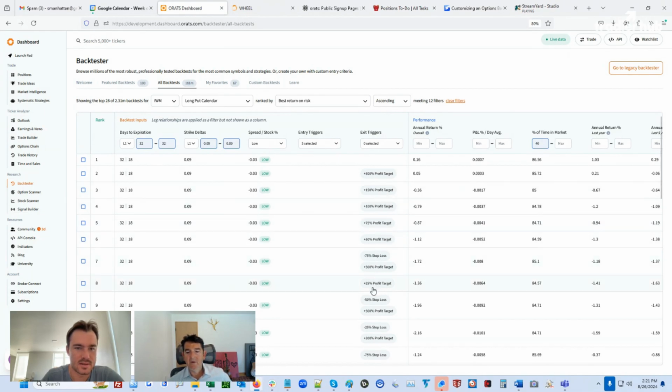Yeah, and as we've found, in calendars you don't want to exit too early. You want to give it room to go, and if you're exiting, you're going to go for like a 300% or 150% profit target. The data is right there: the very top result is no exit. Yeah, or a big one. So we're just going to let this go, Tyler.